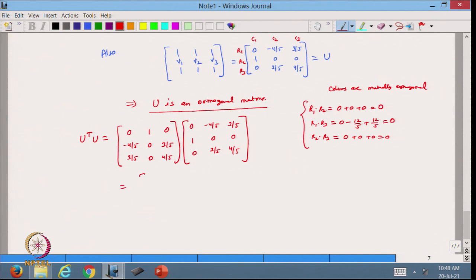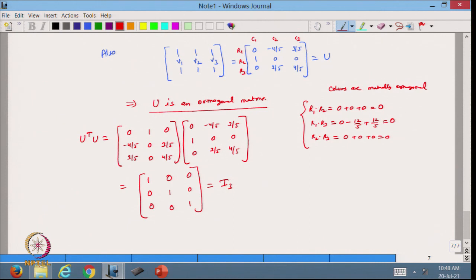If we take the product of these matrices, the first entry is going to be 1, because we are multiplying the same vector. The first column with the second row is 0, and that is also 0. The same thing I am going to do here: this vector and this vector are the same, so its magnitude should be 1, and these are orthogonal, 0 0 1. So, it is my identity matrix of dimension 3.